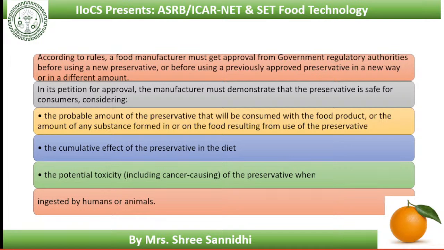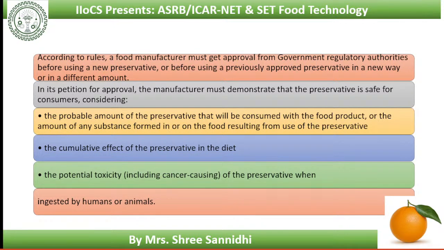The next point to be considered is the cumulative effect of the preservative in the diet. Then the potential toxicity, including cancer causing toxicity of the preservative when ingested by humans or animals.